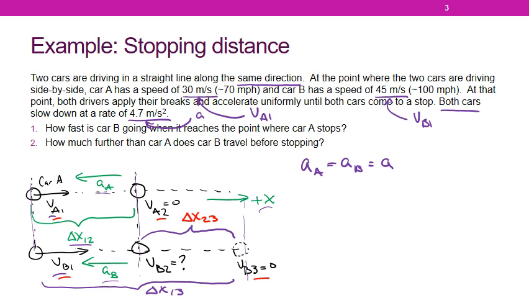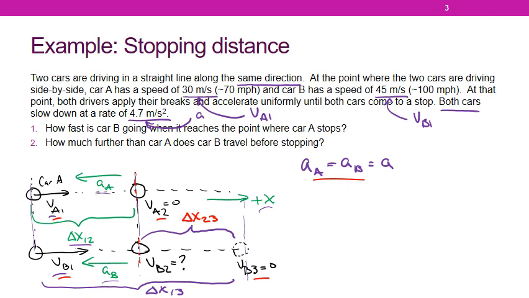I know an acceleration for both cars. I don't know the time of any of these events. And one thing to be careful of is that these two events, where car B reaches distance 2 and where car A reaches distance 2, don't happen at the same time.